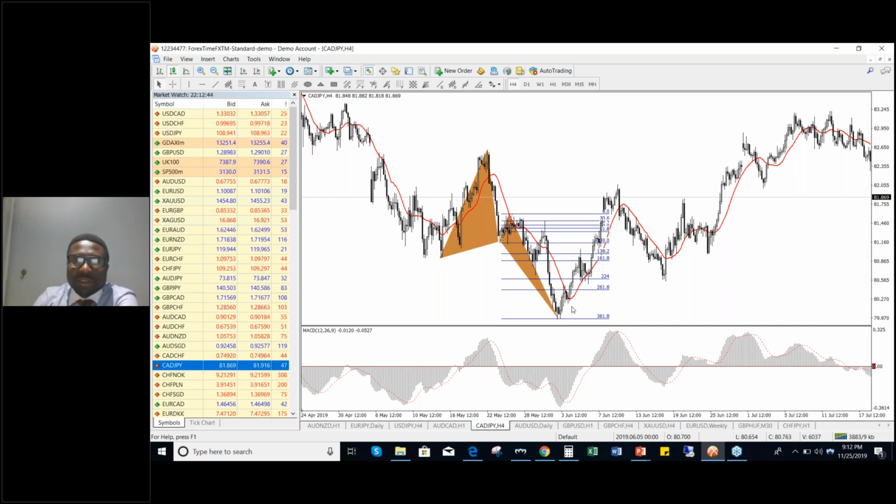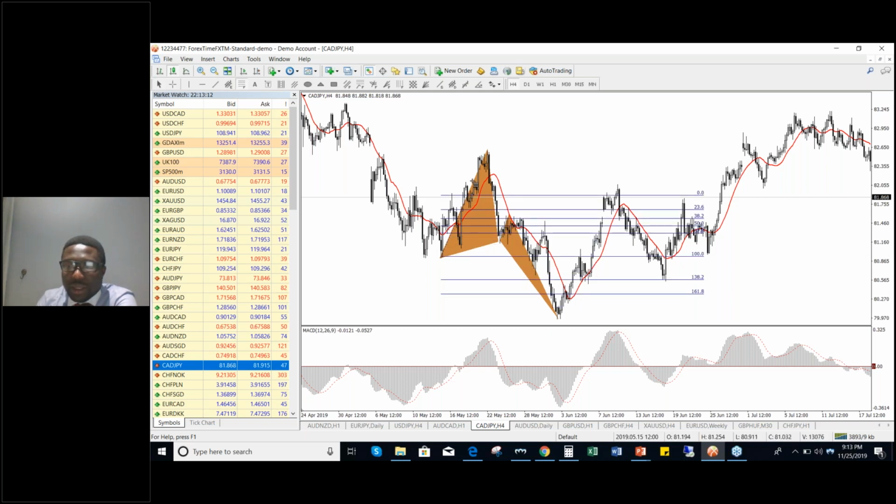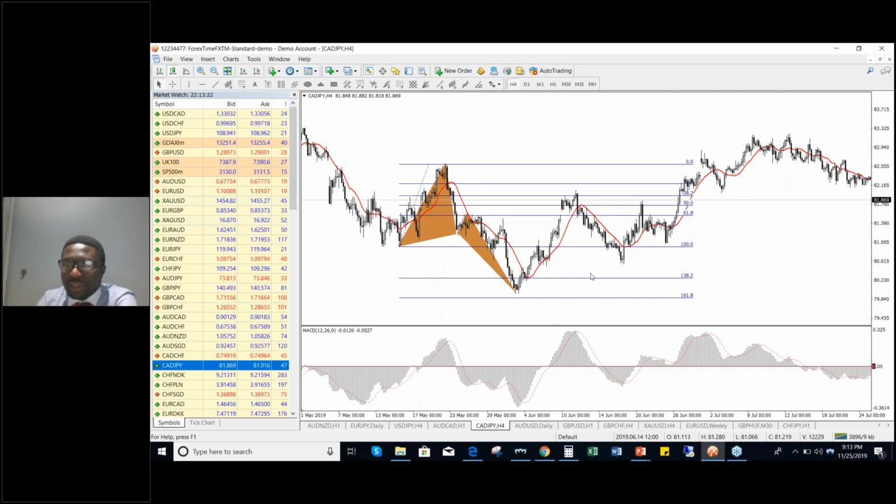And then this point, X to A, 61.8, 23.6, and this is a 361.8. Now we confirm with this from this low to this high. This is 131.8, just a few pips away from 161.8.